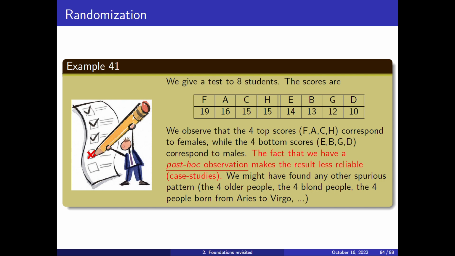It may be that being born from Aries to Virgo makes you especially good in statistics, maybe, but then you have to confirm that. What is bad is that you discover something by chance, and then you stop there. If that is now your hypothesis, now you have to confirm.